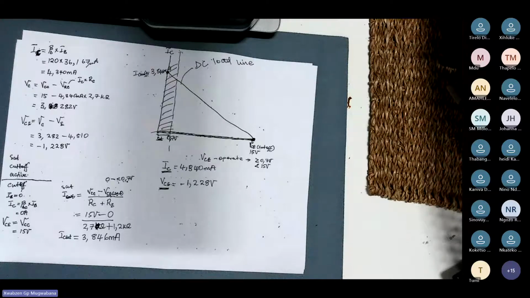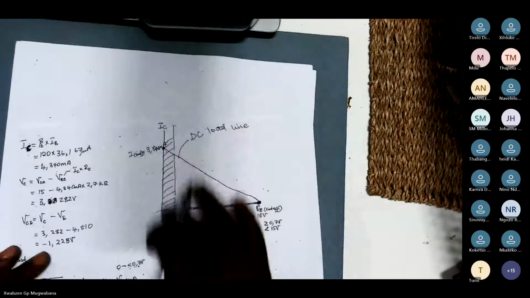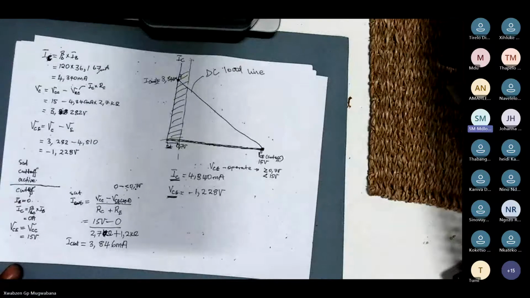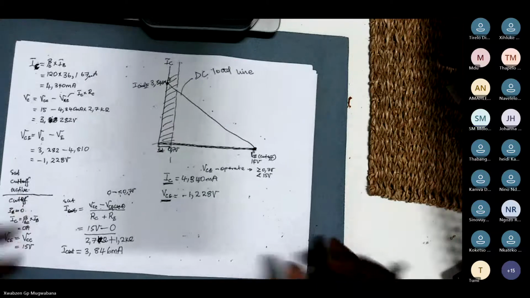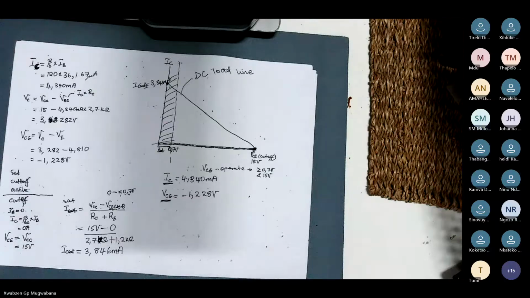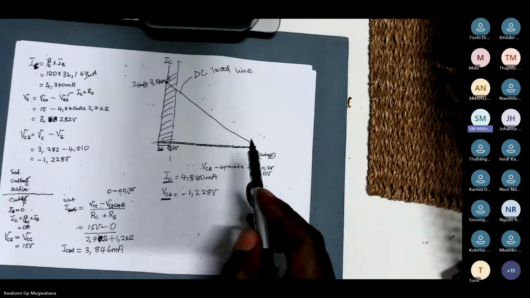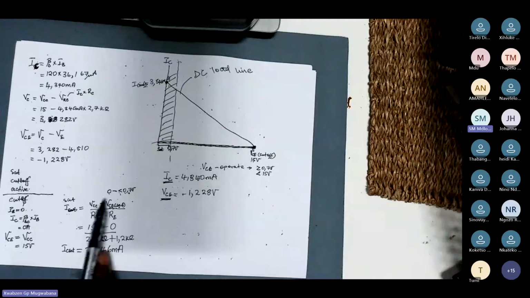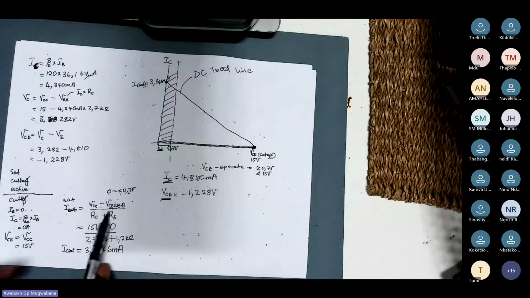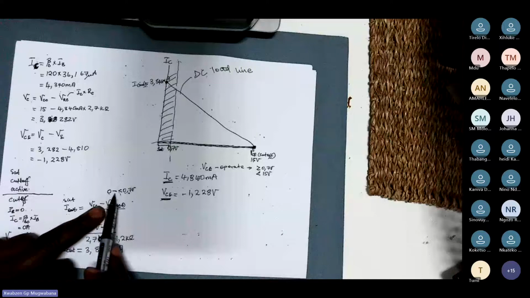Sir, I wanted to understand the line section of the saturation. Which one? This one? Yes. In your calculations, you wrote a 0 instead of 0.7. Where did I write 0? Towards the bottom of the page, when you're calculating VCE saturation. Yeah, VCE saturation is from 0 to what?